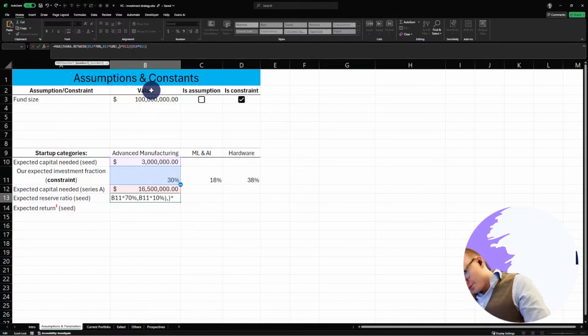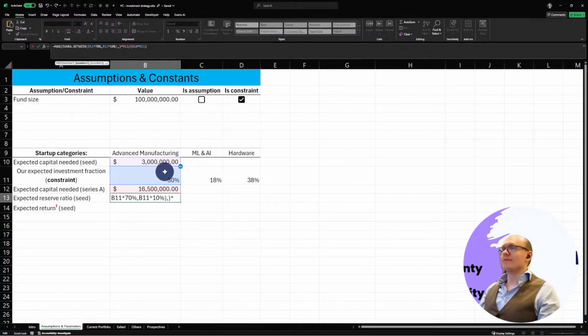So perhaps, remember we said this here was 30, and if we click on that, we can see that it was 20 to 40.